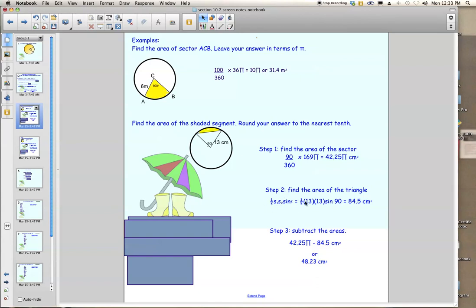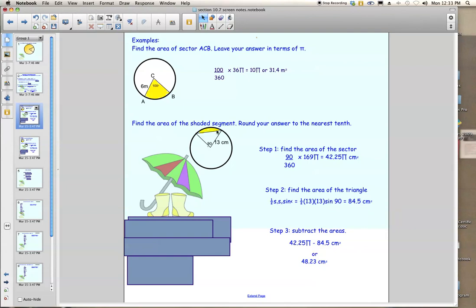Since we know both sides are 13, they're both radii, they'll be the same. I would take 1/2 times 13 times 13 times the sine of 90, which comes out to be 84.5 square centimeters.